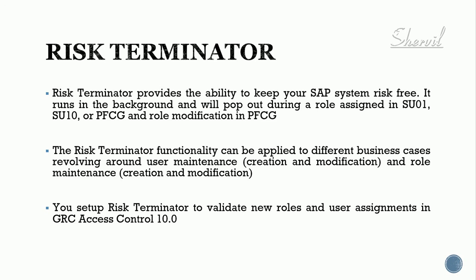Then we'll see what happens if two conflicting transaction codes are assigned to a user, maybe within the same role or through two different roles. And we'll see what happens when we do a mass maintenance of users using the transaction SU10.